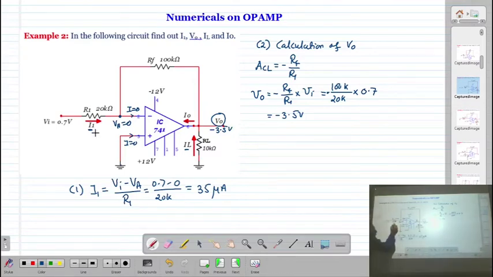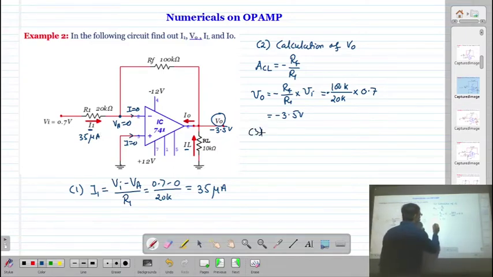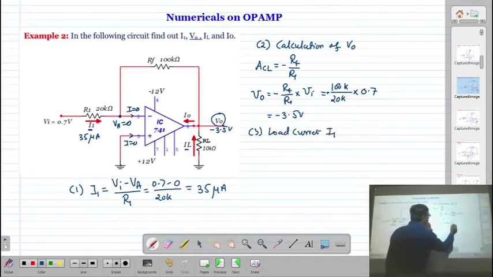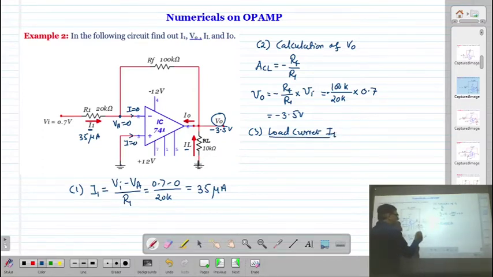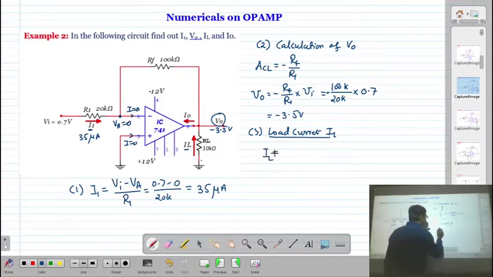The current we have calculated is 35 microampere, correct? We have calculated the output voltage. Now we can calculate the load current IL. In this diagram, IL is nothing but the output voltage divided by the resistance, so IL is equal to VO by RL.